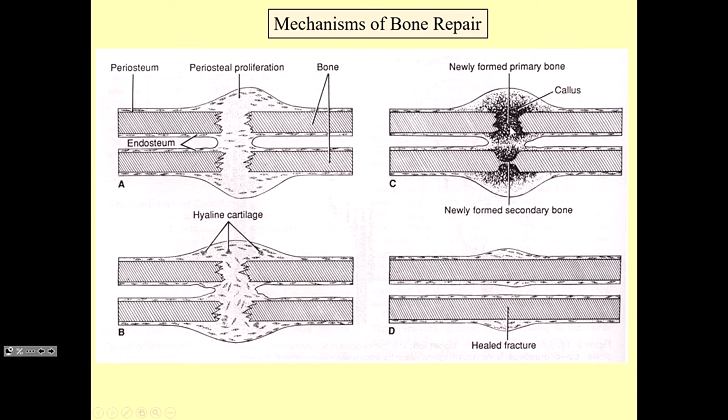We get endochondral replacement of the cartilage with mature bone, and of course it remodels. Initially that's a primary bone, which is immature unwoven collagen fibers. Then it's replaced through the turnover mechanisms that we talked about, and eventually we get something hopefully that appears like this, where we've got a nice healed fractured bone.